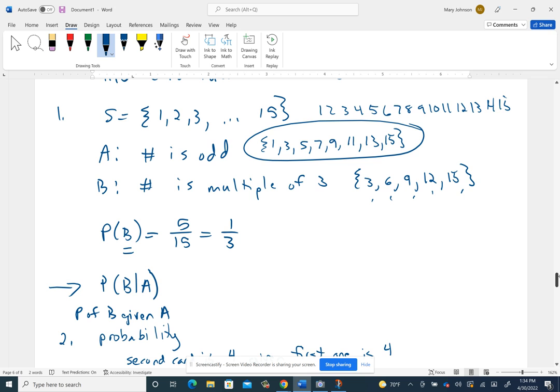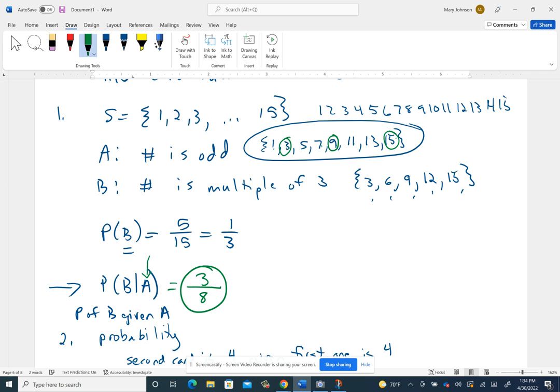So out of these numbers, the multiples of 3 would have been just 3, 9 is a multiple of 3, and so is 15. So there would be 3 multiples of 3, not out of 15 this time, but out of all the odd ones, which is 1, 2, 3, 4, 5, 6, 7, 8. So that'd be 3 out of 8. So that's how you do it.